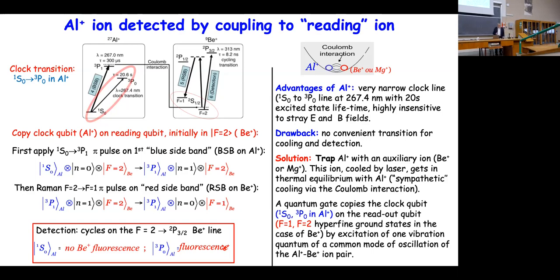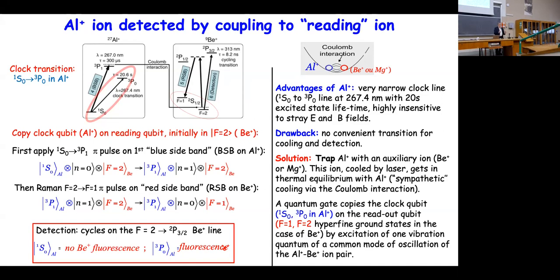So this is what has been observed. And you see what you have to do is to apply a sequence of pulses. You have to initialize the system so that the beryllium ion starts in F equal 2 and the aluminum ion in 1s0. And what you do is that you apply the probe laser on the clock transition for a given time.